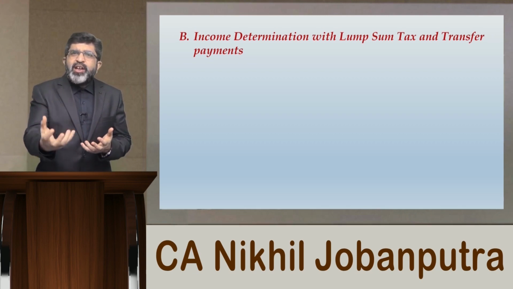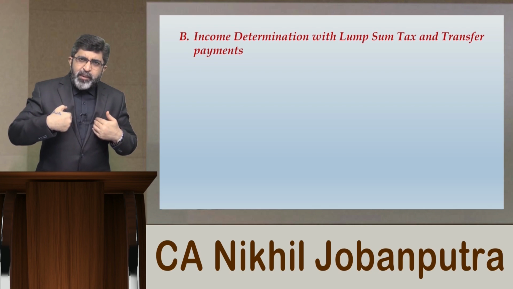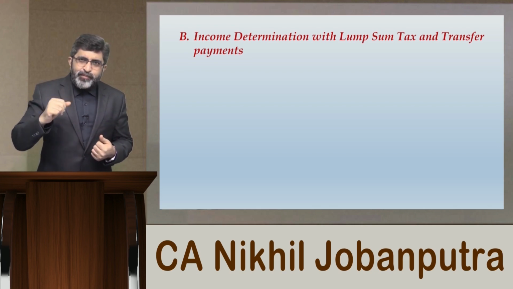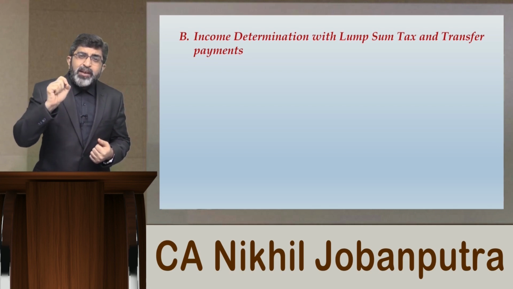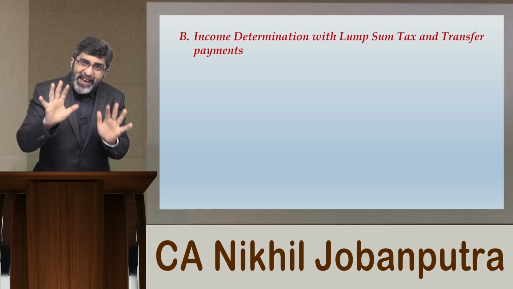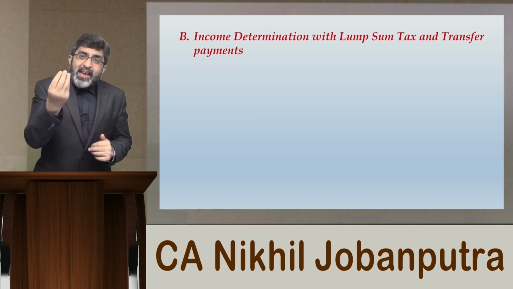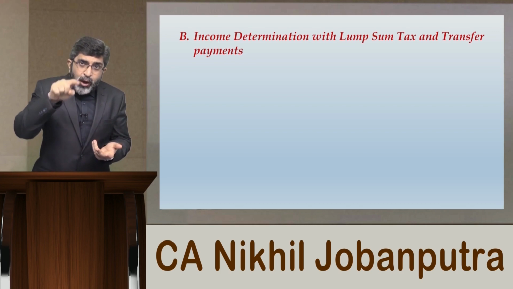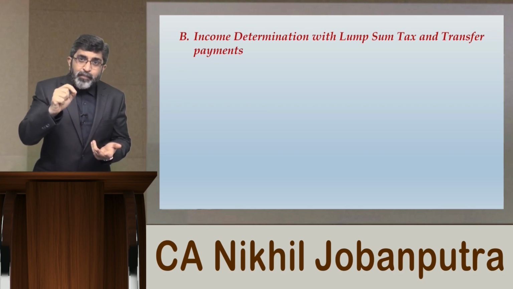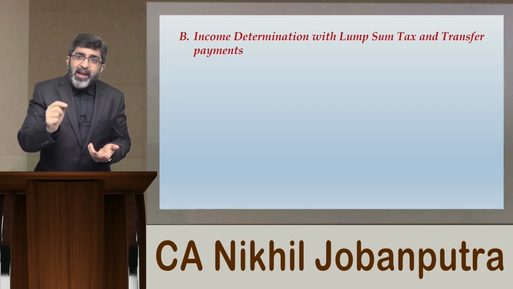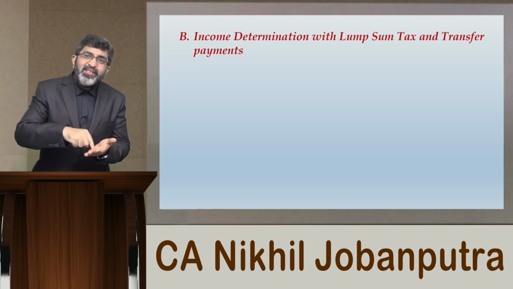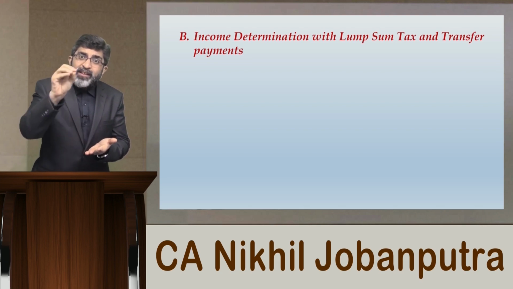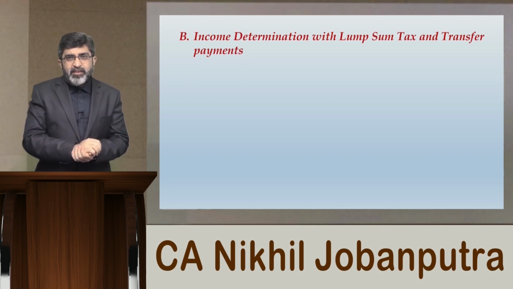Suppose you are earning 100 rupees and I am the government, and I collected rupees 20 from you as tax. So the disposable personal income in your hand remains only 80, but now I am making a transfer payment of rupees 5. So what you will do? You will count your disposable personal income as 100 minus 20 that you paid as tax, but you will add rupees 5 which I am giving you as transfer payments.